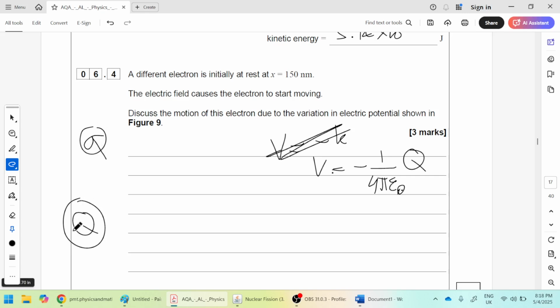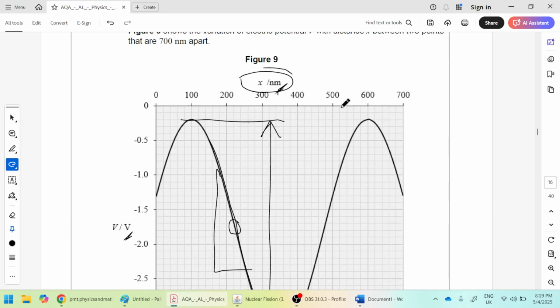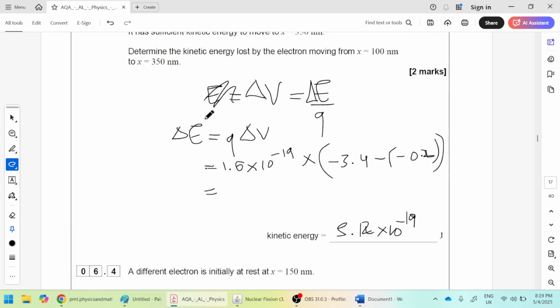The big one is capital Q over R. So the fact that this voltage here is negative at 150, right? 150 nanometers means over here.